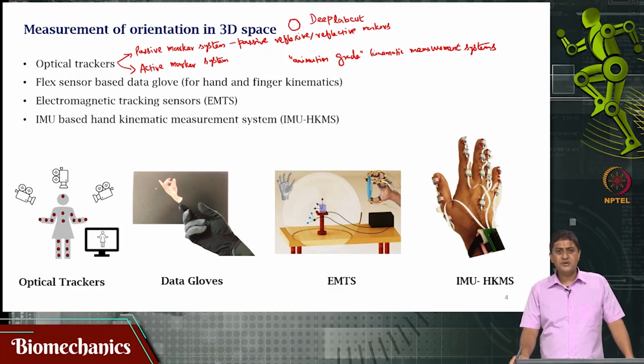Not just that, the accuracy of these systems is relatively limited. You get what you pay for. There are systems that come for even a few thousand dollars, but the accuracy is not that great. So, it really depends on whether you are interested in studying the mechanics at a detailed level, where you care about accuracy, about 1 degree here and there.